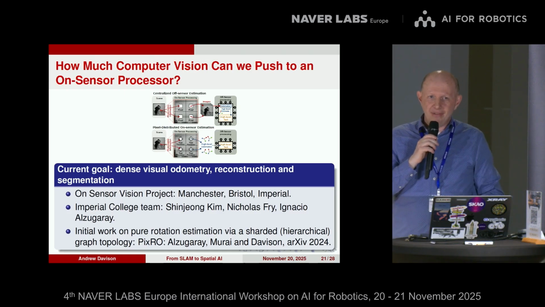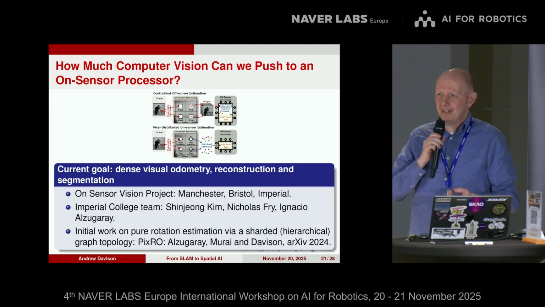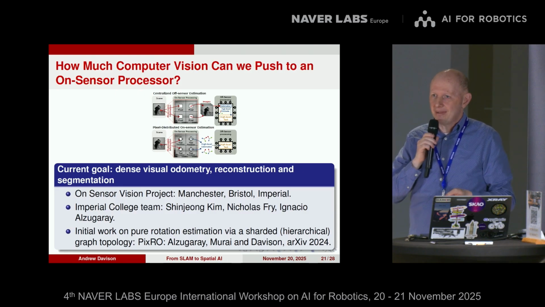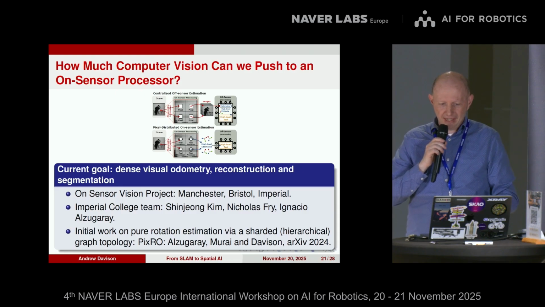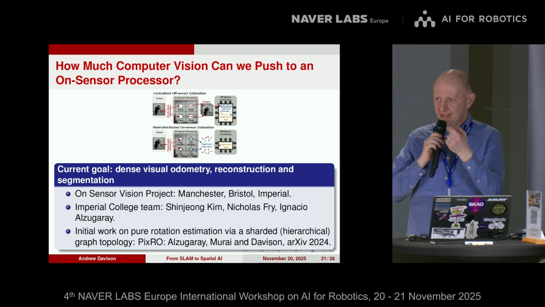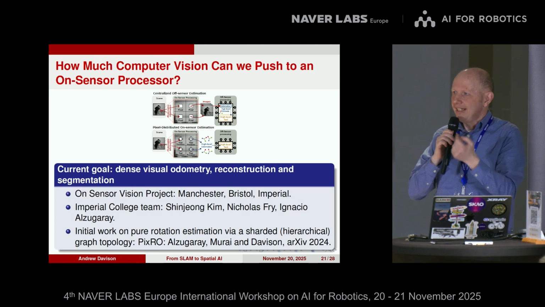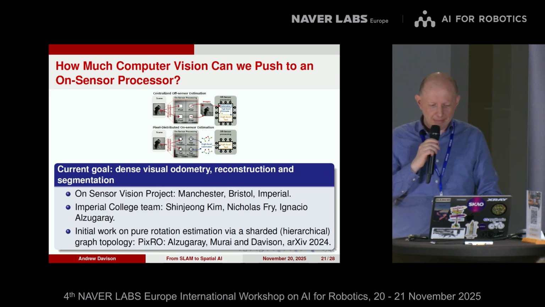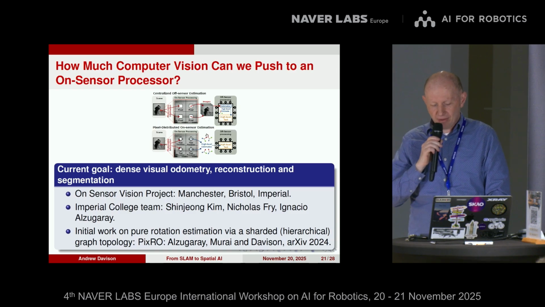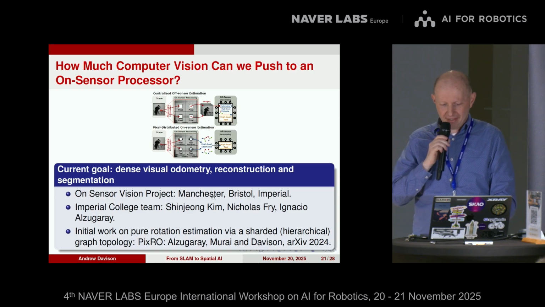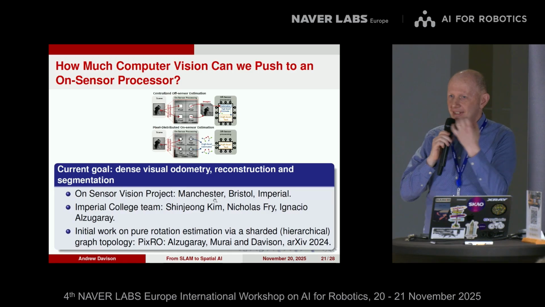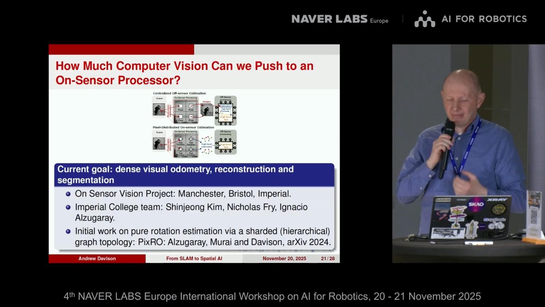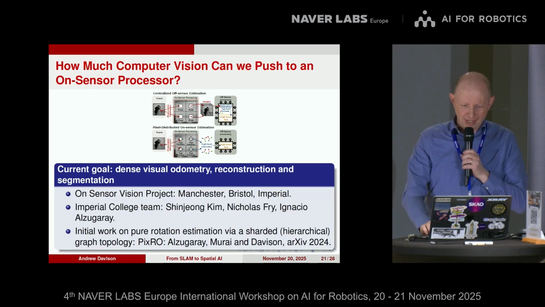So how much computer vision can we do actually within the pixels? They've already shown some pretty impressive things with these sensors, but we think we could potentially do full kind of optical flow, dense geometry estimation. You can also run small CNNs on these kind of processors, but with sort of belief propagation type of algorithms running in the pixels, we think we can do quite a lot there. So that's ongoing research.